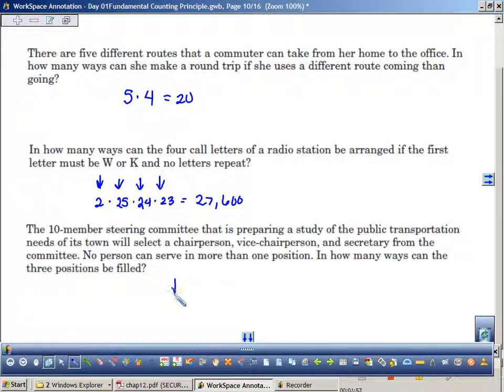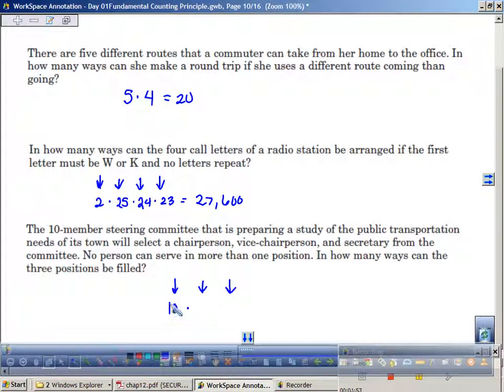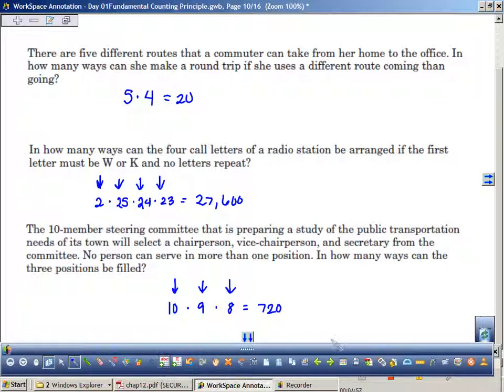So we've got 3 different positions. There's 10 members. Once one of those members is picked for the chairperson, only 9 are left to choose for the vice chairperson, and then only 8 are left to choose for secretary. So 720 different ways that can happen.